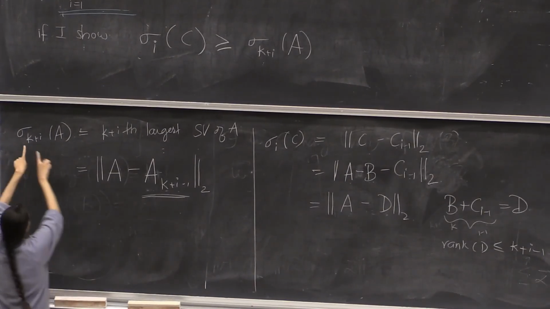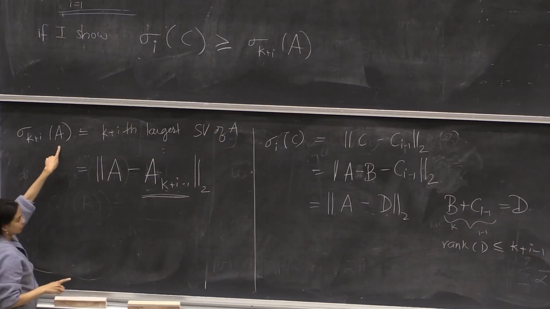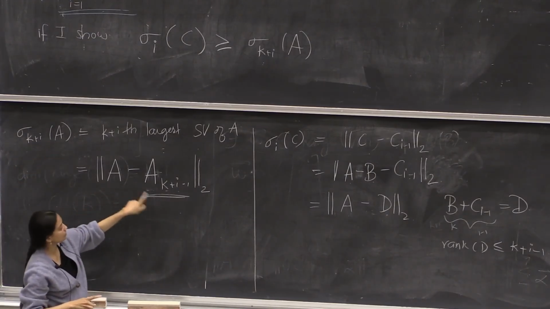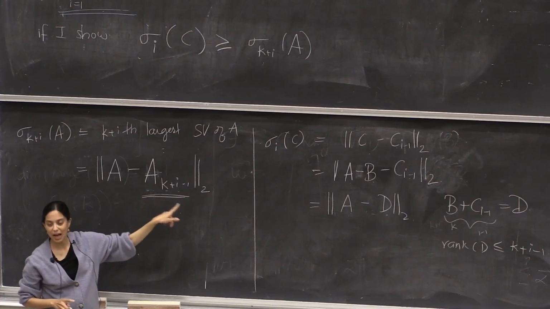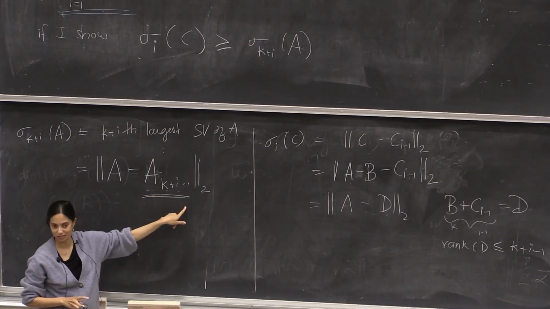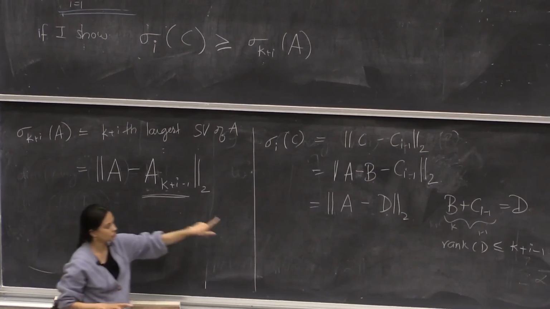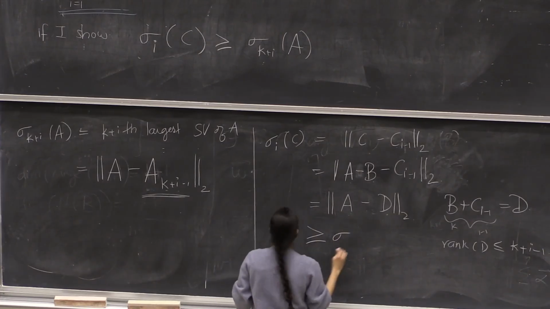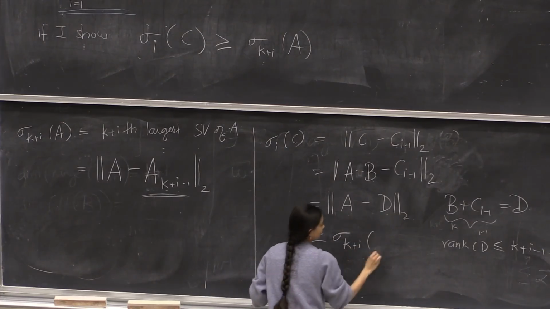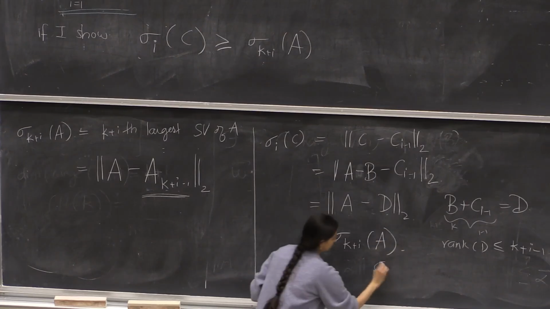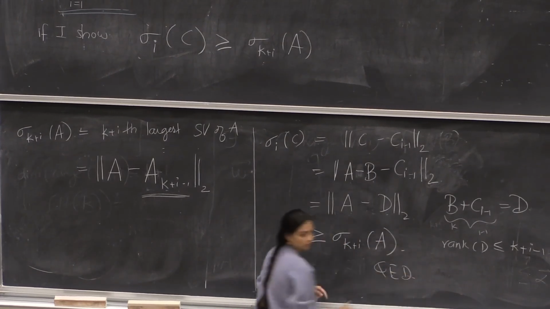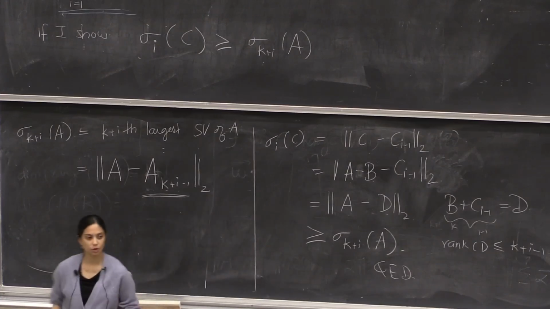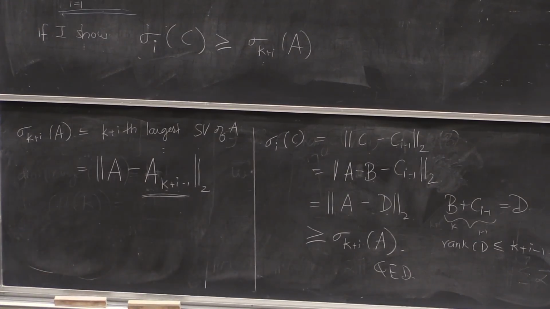So this must be greater than or equal to sigma k plus i of A. What we're doing is using this result to prove the result for the Frobenius norm.